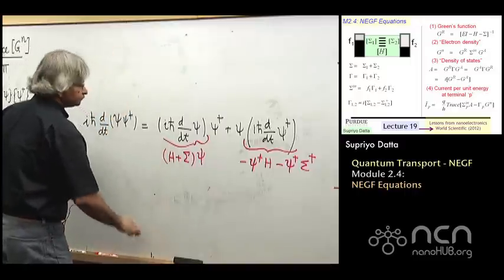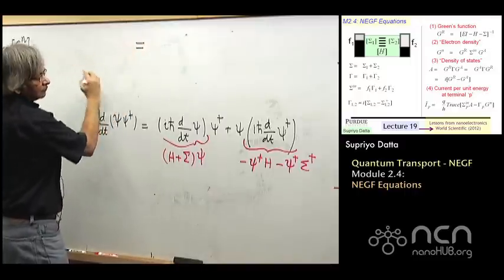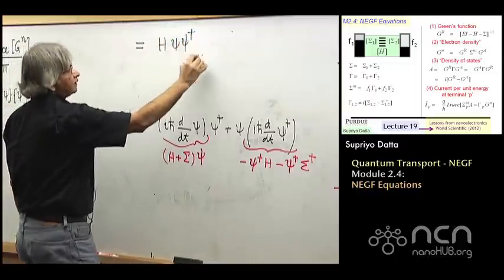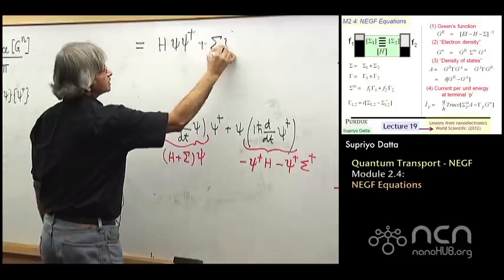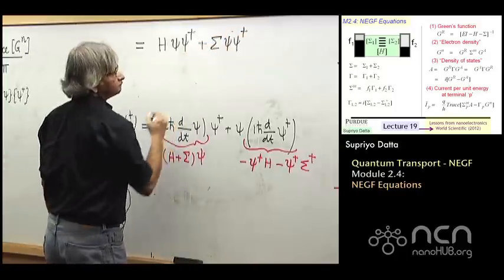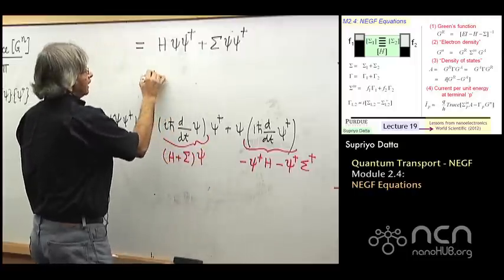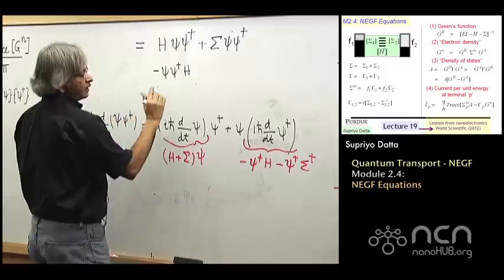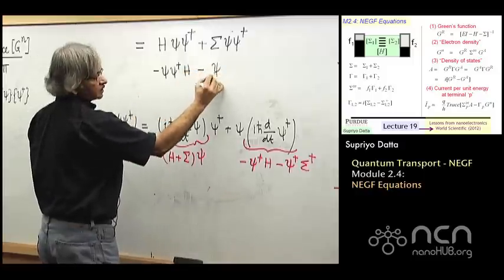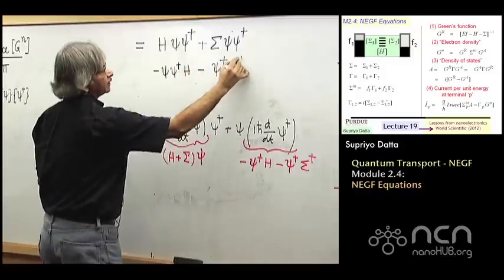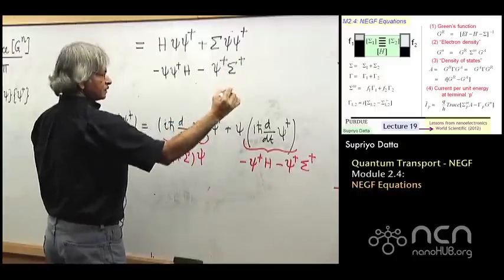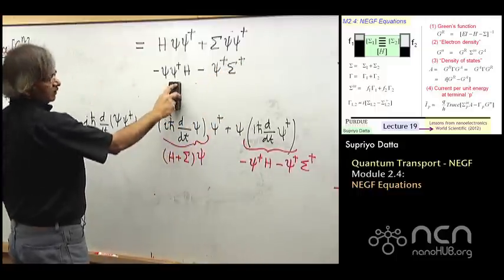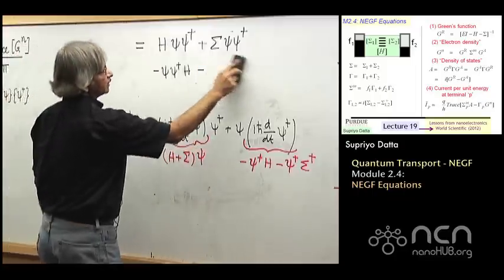That's equal to H psi dagger plus sigma psi dagger minus psi dagger H minus psi dagger sigma dagger. Sorry, I guess there should be a psi in psi dagger H, and there should be psi dagger sigma dagger. Sorry.